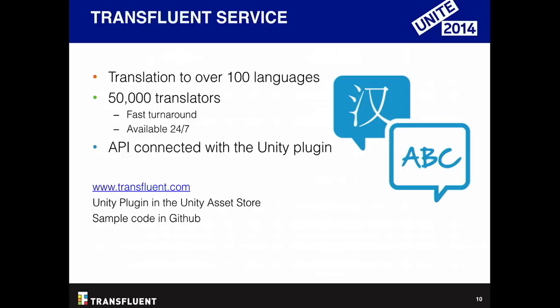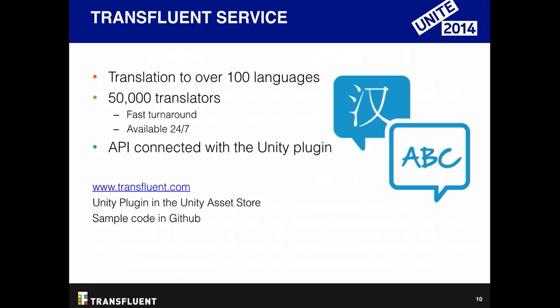We have skilled translators available pretty much 24/7 in all the major languages. We categorize the translators in different areas, so we have specialists in game translation. They are divided into, like, sports and whatever different areas you might need.